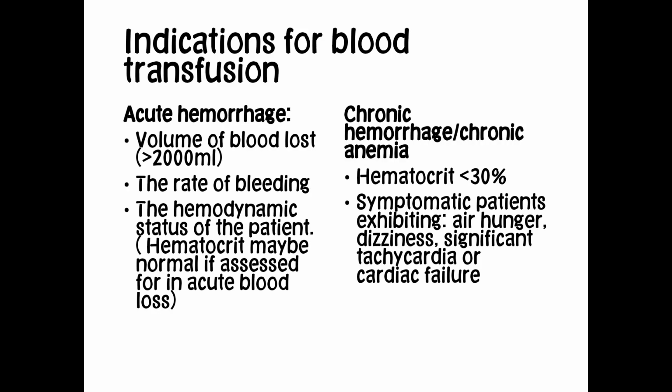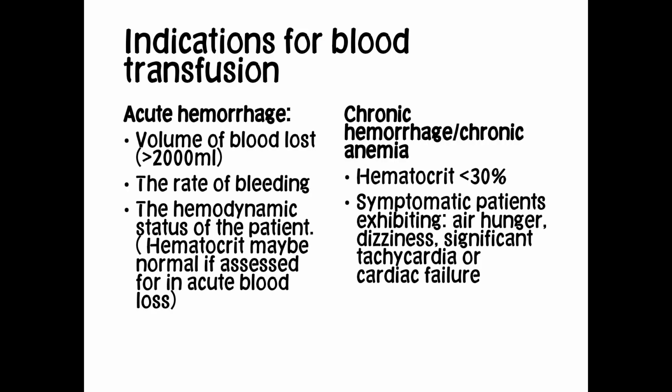In acute and chronic hemorrhage, it is wise to first arrest the cause of the bleeding as you do the transfusion, because transfusion without arresting the cause of bleeding does not benefit the patient at all, as there will be no stoppage of the rate of bleeding.